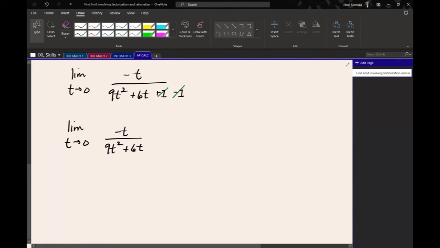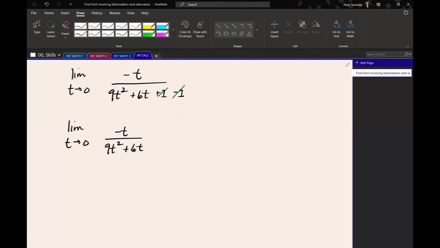So I think in this case, we could use the factoring strategy because if I look at my denominator, I think I see a greatest common factor down there, okay? Or at the very least, I can factor something out of those two terms, the 9t squared and the 6t, and perhaps we'll have something that we can divide out.